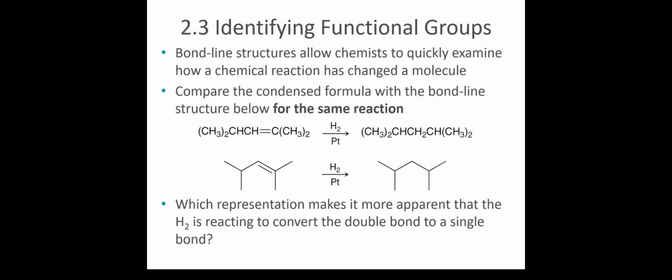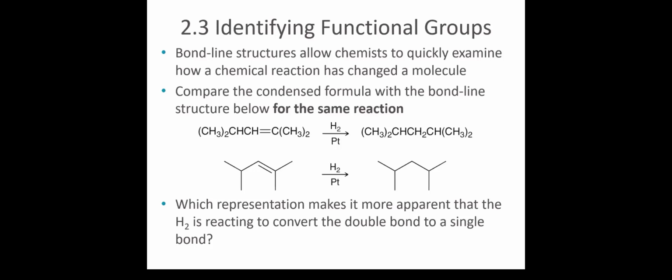Well, I mean, they're both pretty easy. But to me, I think it's very quick to see that that double bond has changed into a single bond, right? Yeah, this double bond has changed into a single bond. What this is just telling me is I've taken this chemical, I've added hydrogen to it over platinum to speed up the reaction. What do we call that if something is speeding up the reaction but not used up? Catalyst.